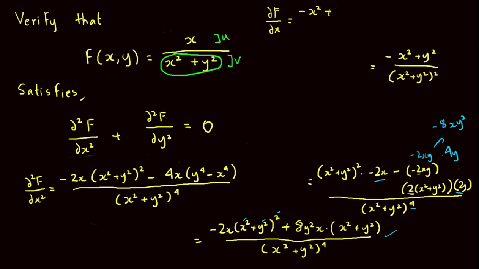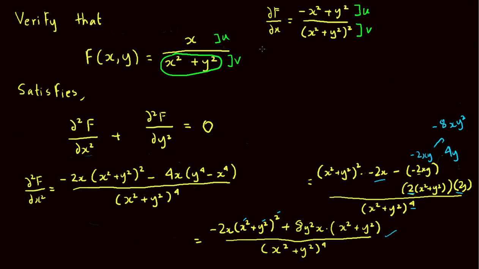x squared plus y squared, x squared plus y squared to the power of 2. Okay, so now when we try to solve for del squared f del x squared.